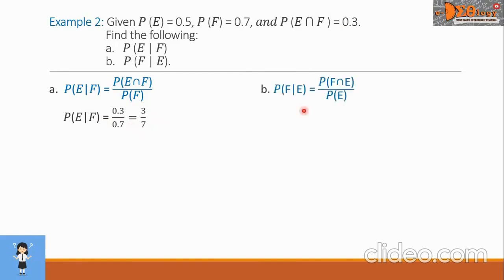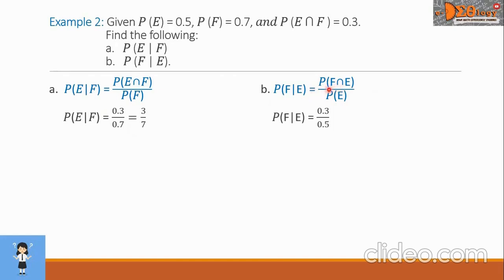Now for letter B, we have P of F given E, and this is equal to P of F intersect E over P of E. Let us do the substitution now.